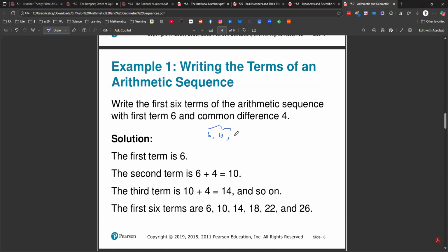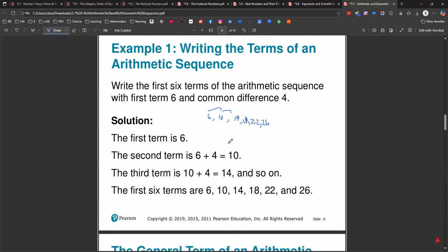The next one would be 14, and 18, and 22, and 26. So it's the first 6 terms: 1, 2, 3, 4, 5, 6. And if you look at the difference between 26 and 22, that's 4. 22 and 18, that's 4. 18 and 14, that's 4. 14 and 10, that's 4. And 6 and 10, that's 4. Okay.